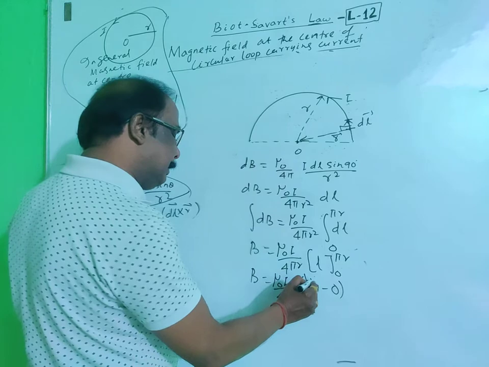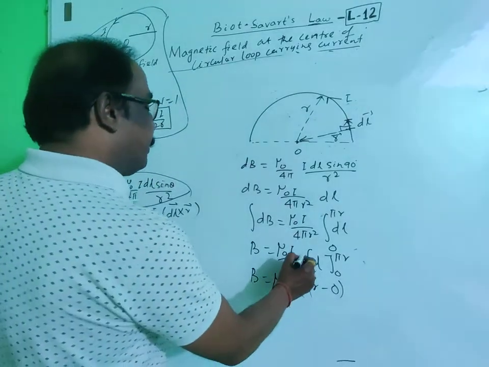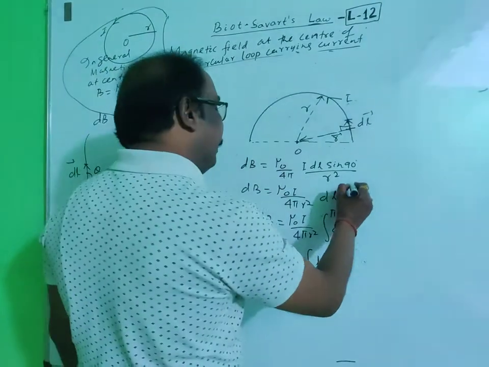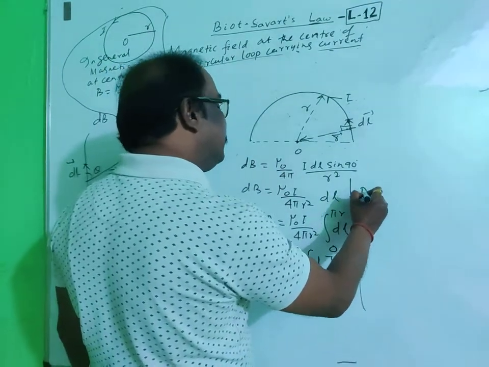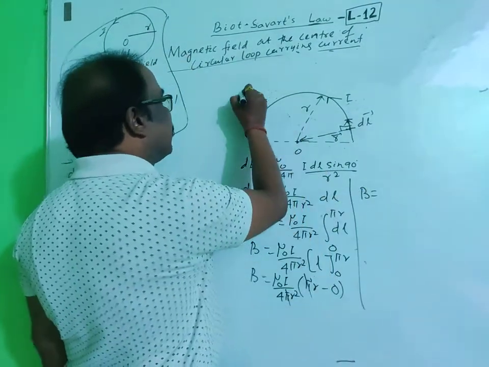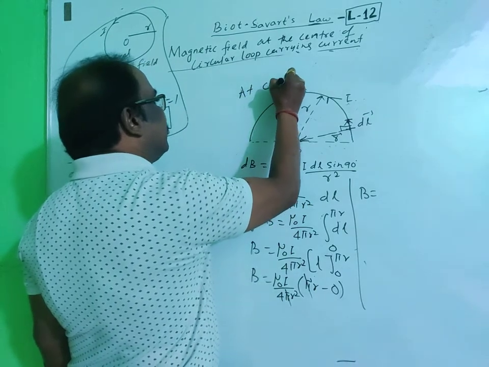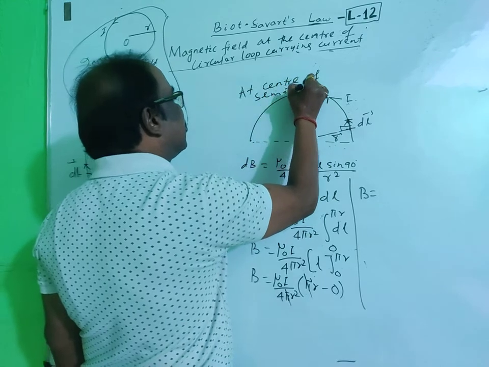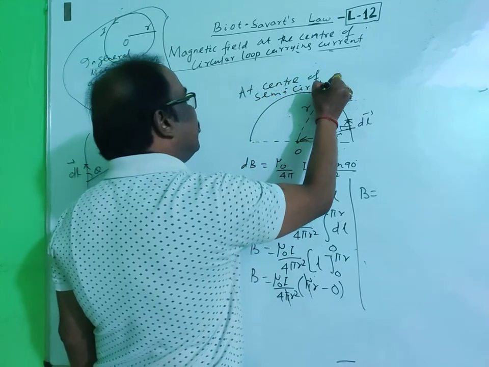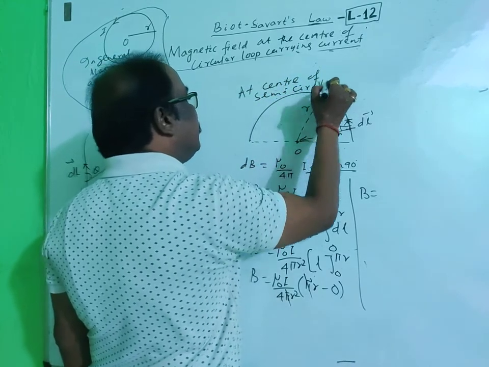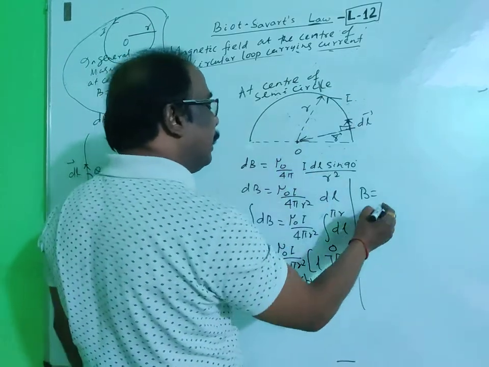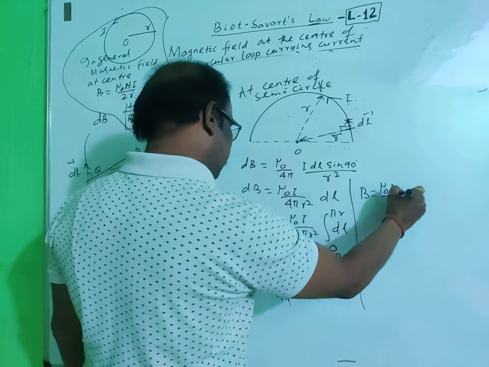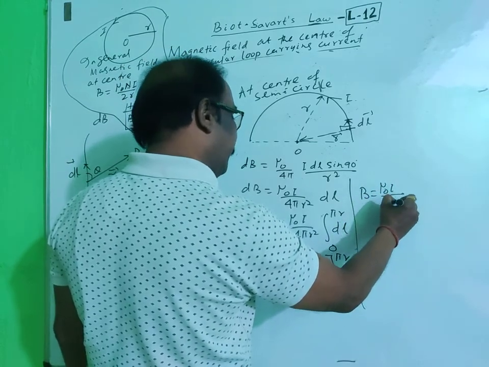Pi gets cancelled, r square becomes r. At the center of the semicircle carrying current I, B is equal to mu naught I divided by 4r.